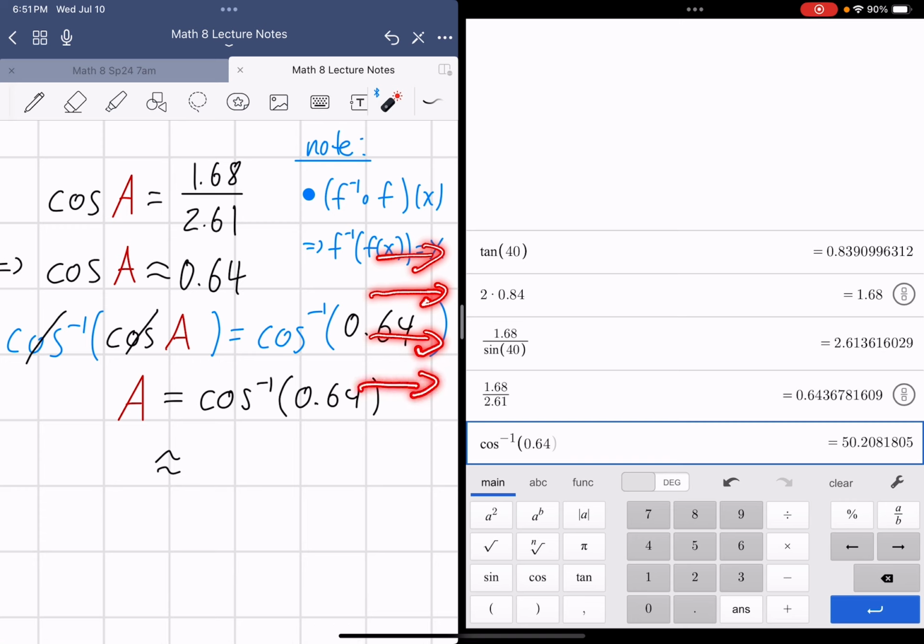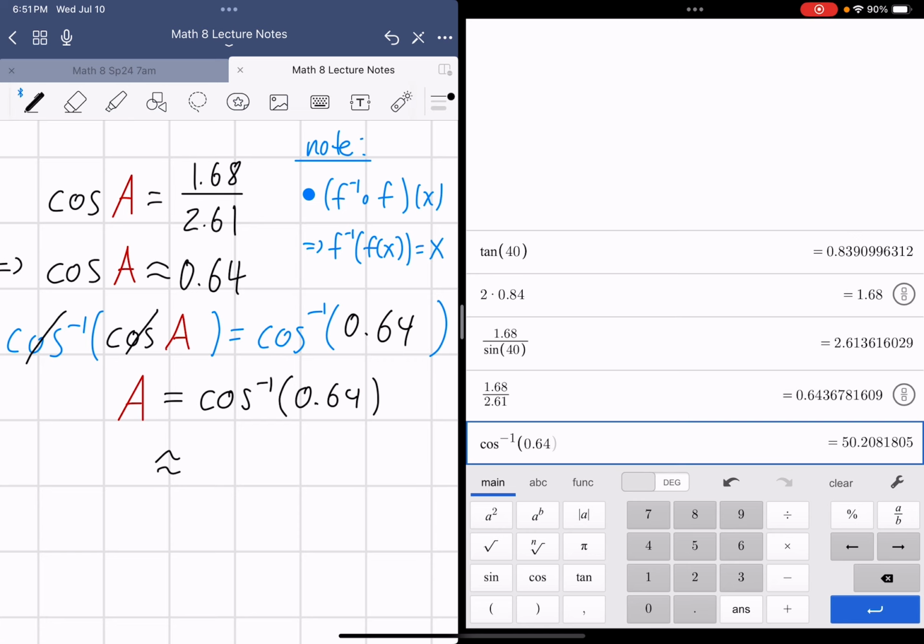We rounded the sine of 40, and we're rounding the division. And then we rounded that division to plug into our cosine inverse. And that's why we're getting 50.2081805, and that's the degrees.